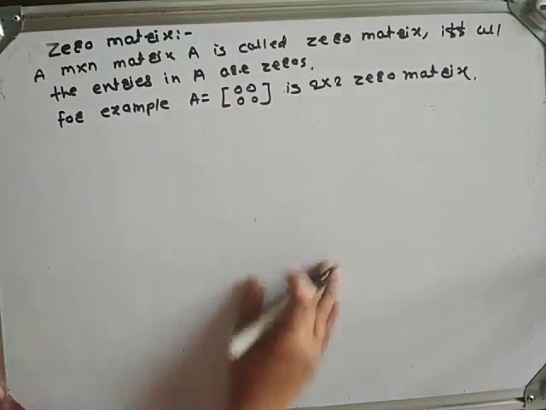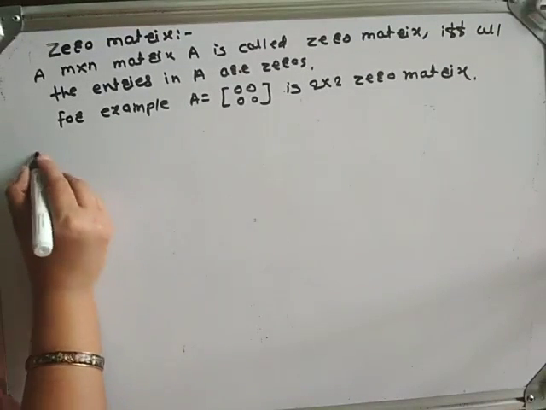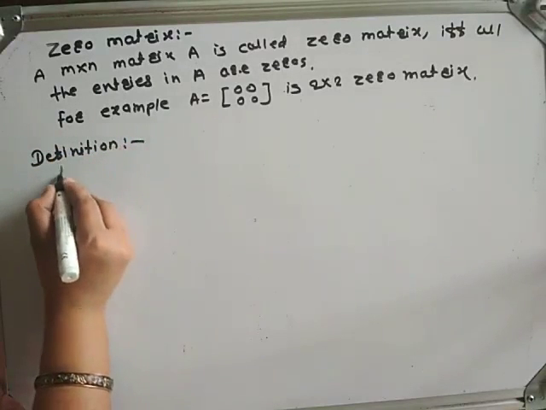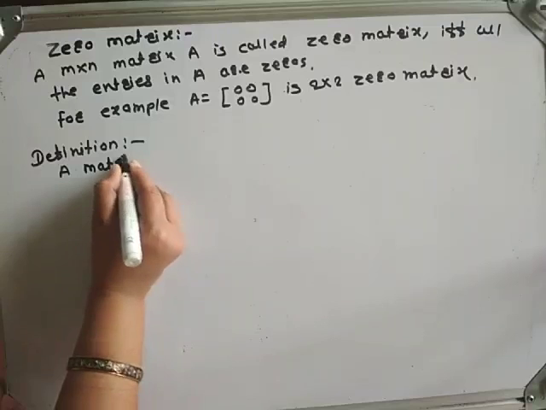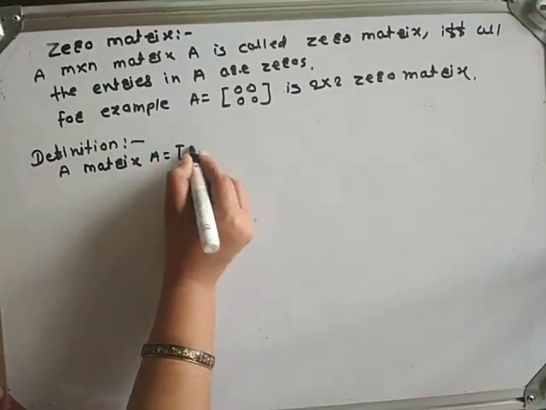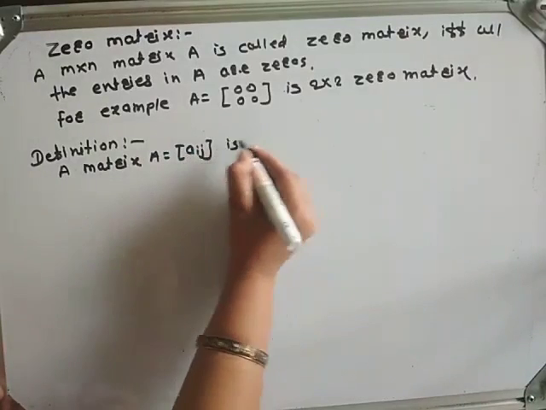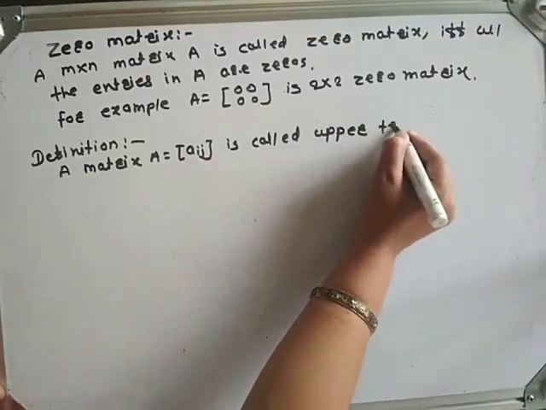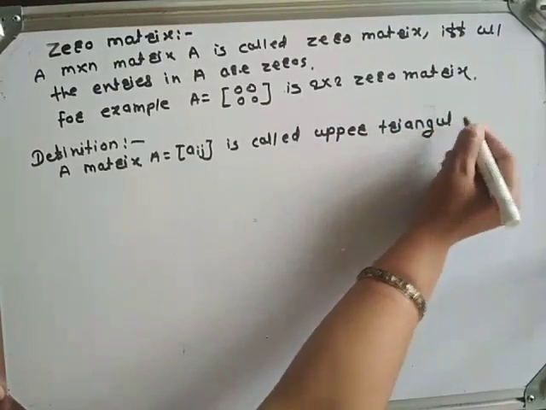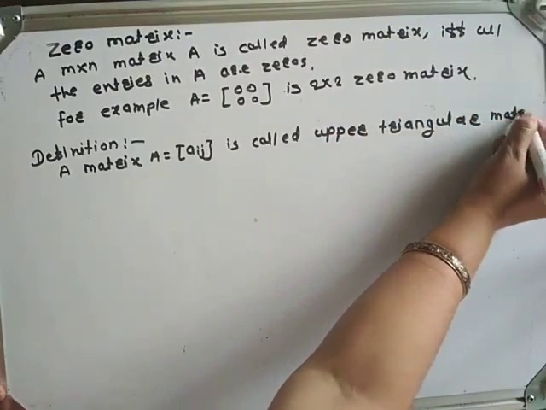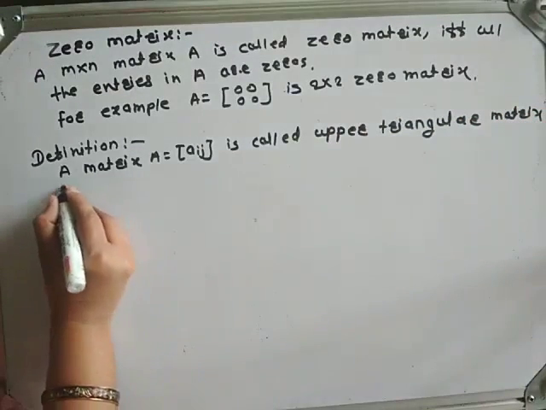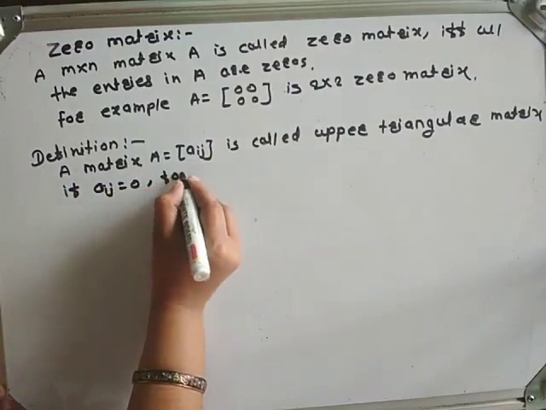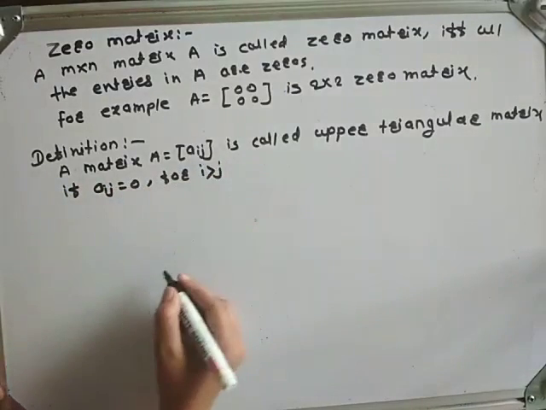Let us take the next definition, upper triangular and lower triangular matrix. A matrix A equal to matrix Aij is called an upper triangular matrix if Aij is equal to 0 for i greater than j.